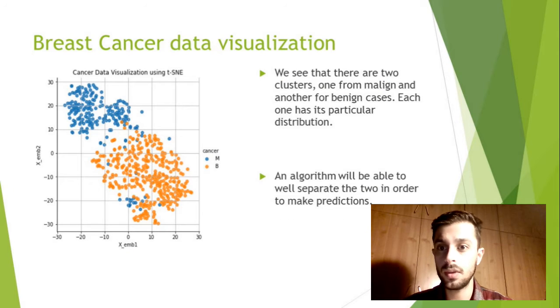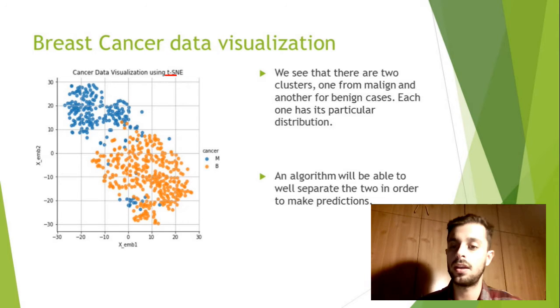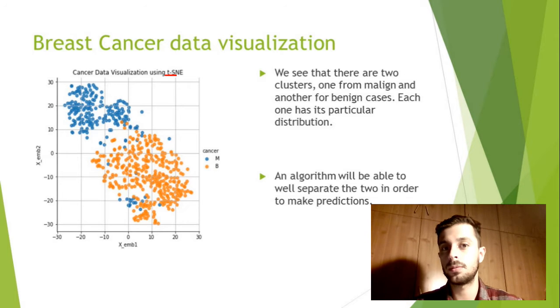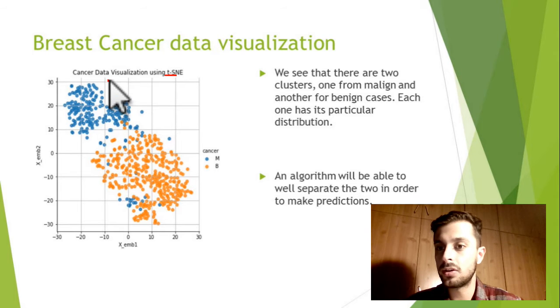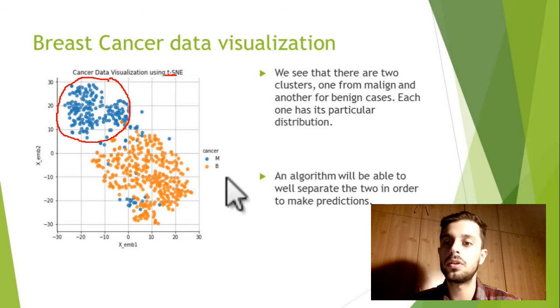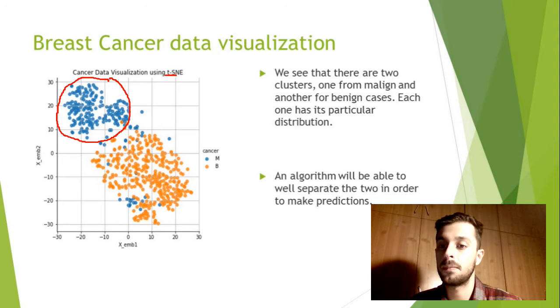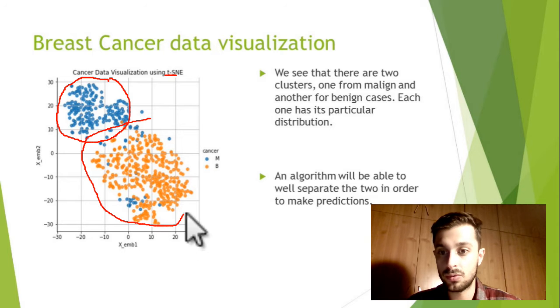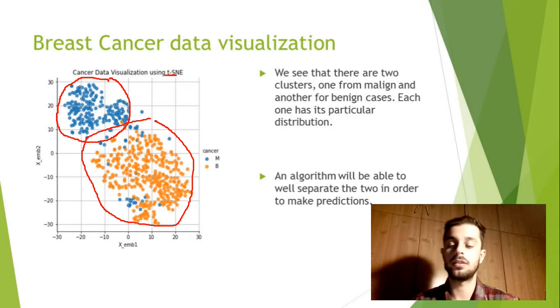As for the visualization, we used the t-SNE algorithm in order to visualize the data. Here we can clearly see that there are two clusters. The blue points represent the malignant examples and the orange ones represent the benign examples.